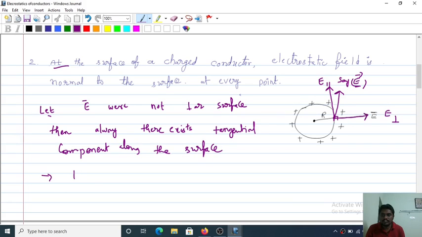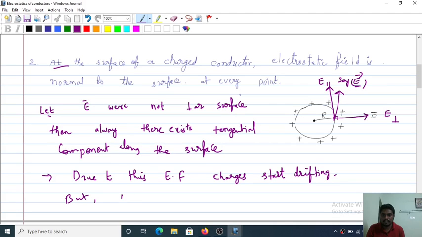So due to this electric field, the charges start drifting. But the question is how these positive charges can move without any external agency.